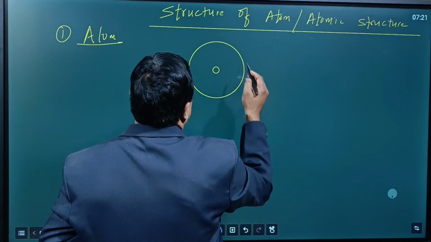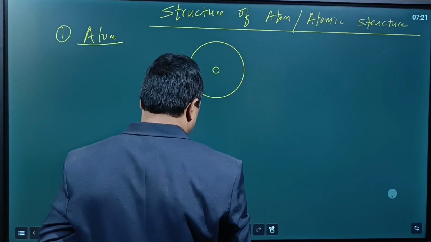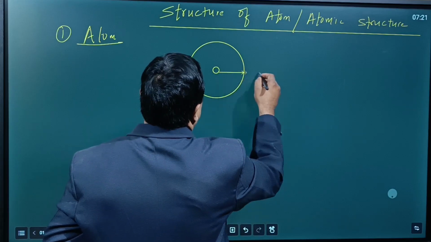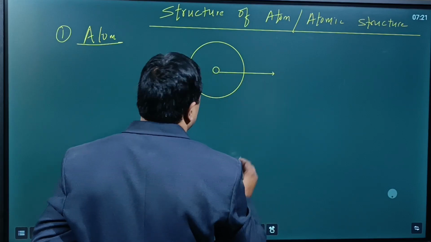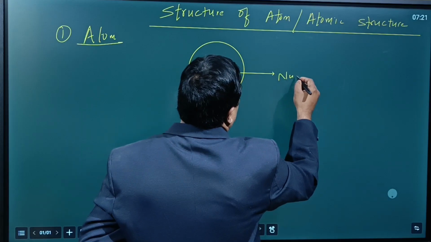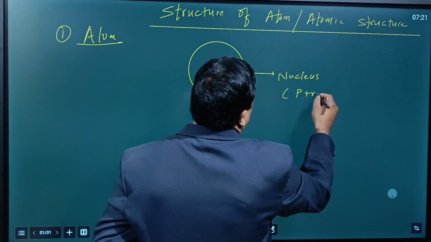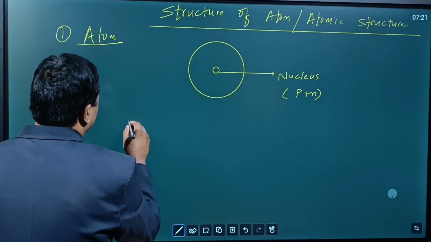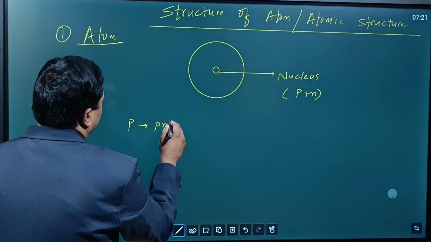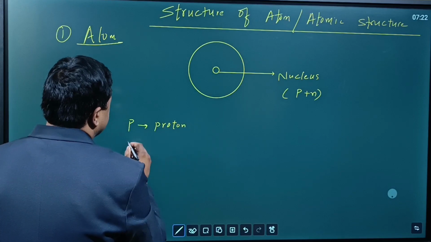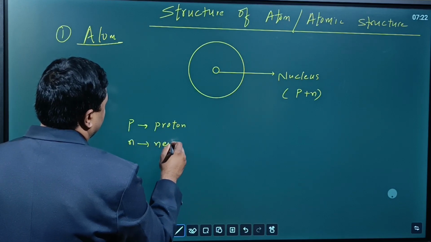So you can see here this is a nucleus. Inside the nucleus we have two fundamental particles, P and N, where P stands for proton and N stands for neutron.